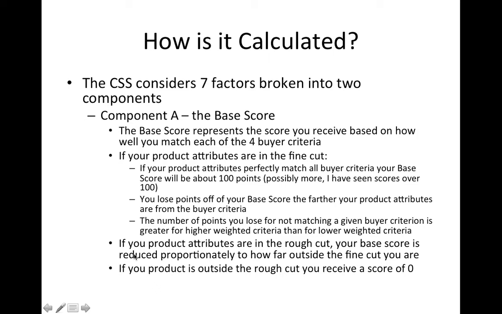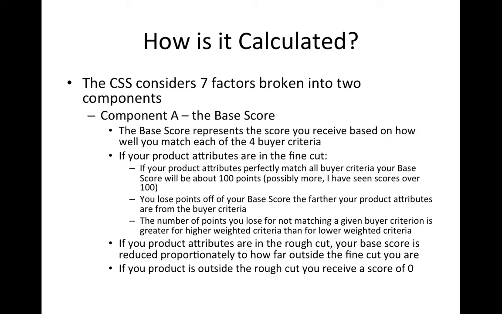Now, that said, you could be great on, let's say, 3 of the buyer criteria, but be in the rough cut on one of them, and that's enough to basically start cutting your base score proportionately for how far outside the fine cut and into the rough cut you are.